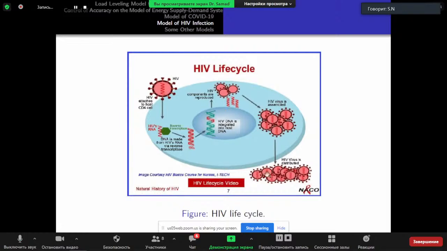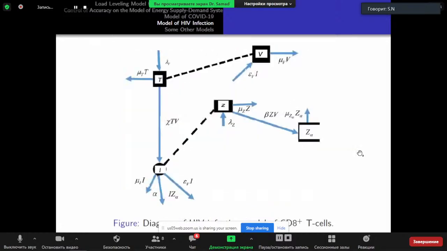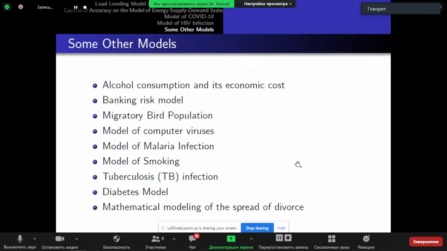Also, it's related to models that have many definitions here for these parameters and some functions. And we also have some other models that, because of time limitation, I cannot describe.